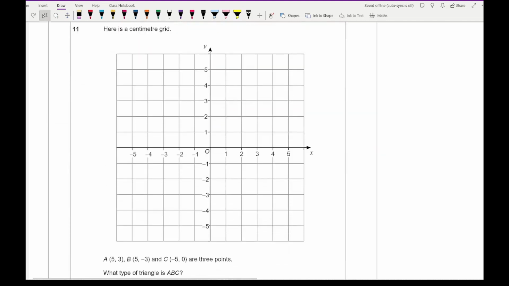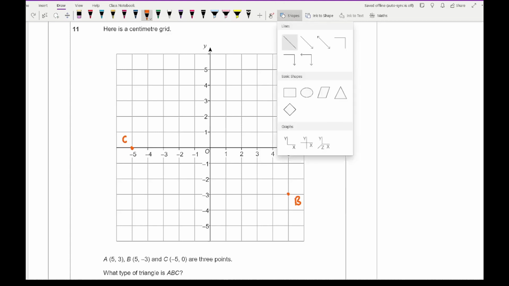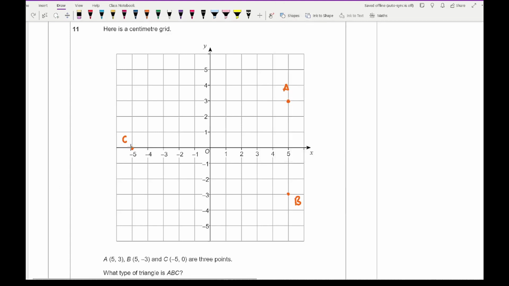Then moving on to question 11, it says here is a centimetre grid and we need to plot these coordinates. So A is at 5, 3, so remember we go across and then up, or vertical movement, so that's A. B is at 5, minus 3, which is here. And C is at minus 5, 0, which is here. Now if I join each of those lines together with a ruler, let me just do just that.